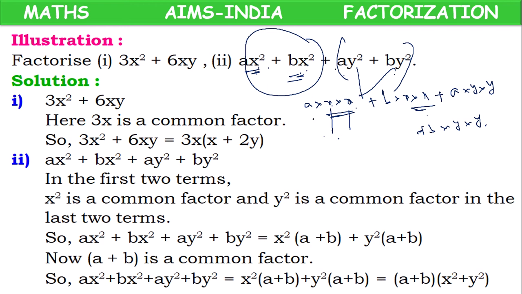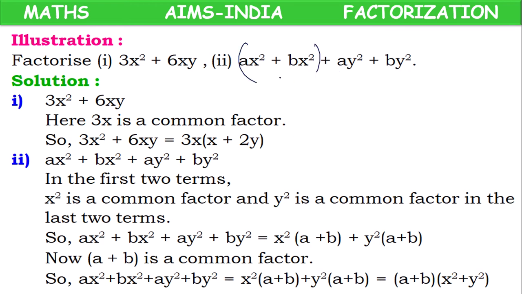So what we can do, from these first two terms, we can take x square out. Here a will remain, here b will remain. So we can write it as x square into a plus b. That is one term. We have simplified two terms into a single term by taking out the common factor.